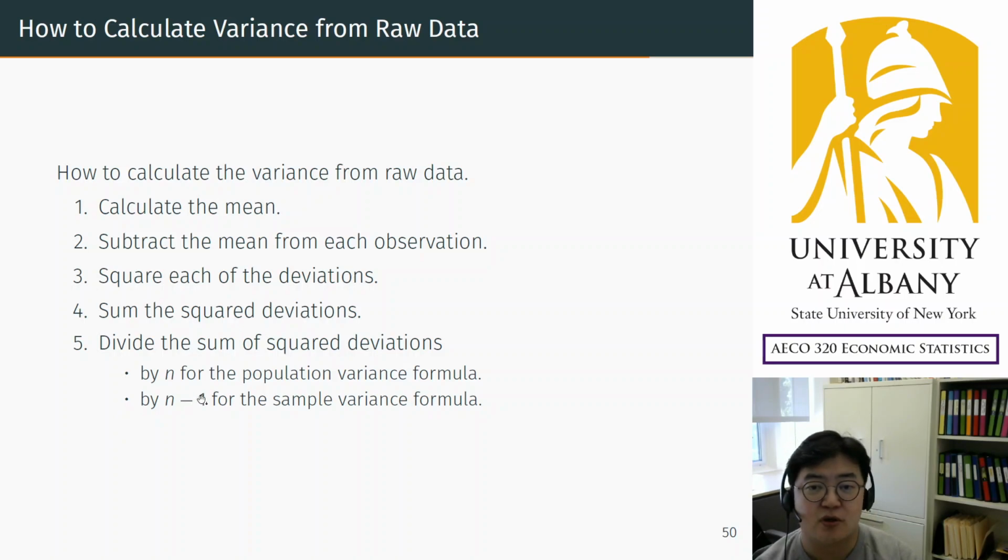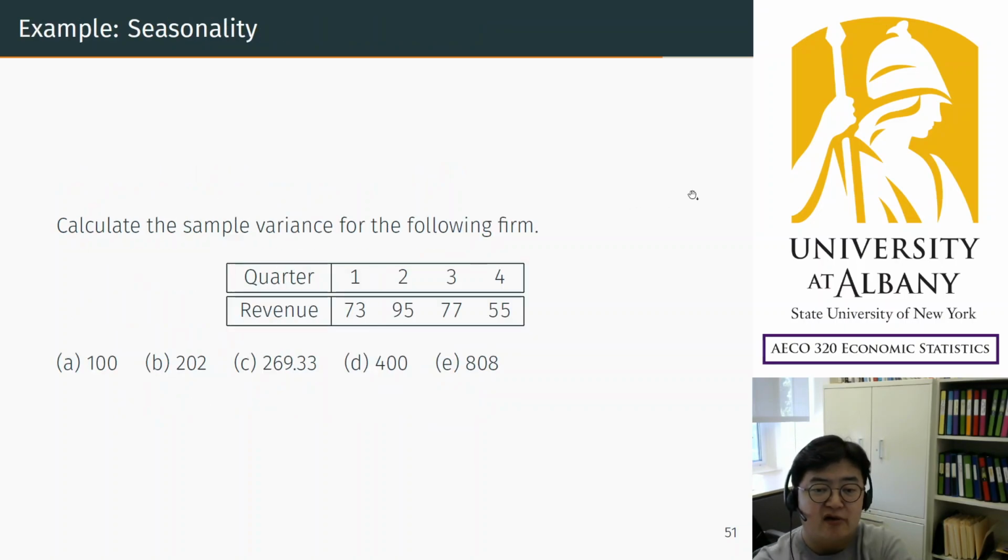Okay, and I will ask you to do this as an exercise. Suppose that there is another firm which has a larger seasonality. So in summer, it has much higher revenue than other quarters, but in winter, it has much lower sales than other quarters.